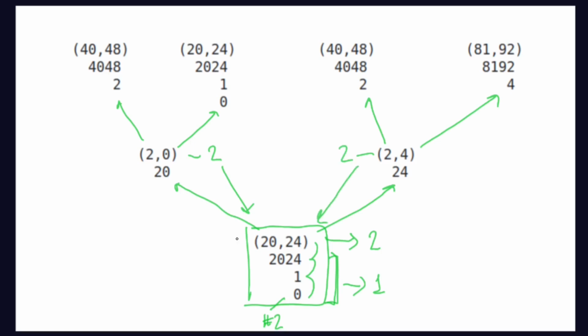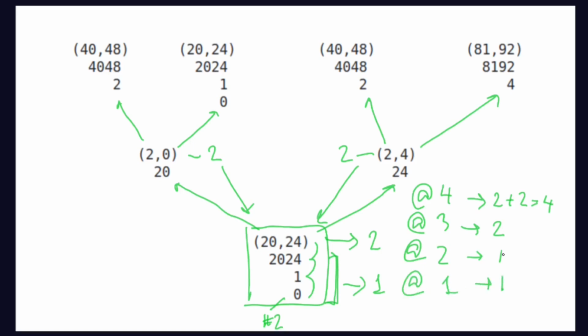So the number of stones at this step, which is 1, 2, 3, and 4, at step 4, the number is 2 plus 2 equals 4. Just to complete, at step number 3, the number is 2. At step 2 it is 1. At step 1 it is 1.